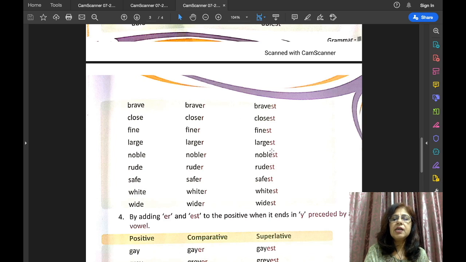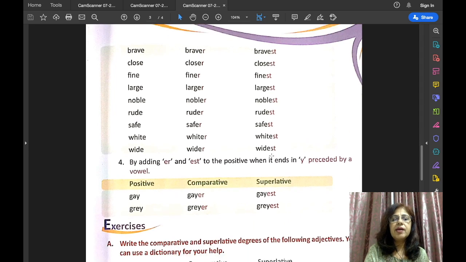Large, larger, largest. Noble, nobler, noblest. Rude, ruder, rudest. Safe, safer, safest. White, whiter, whitest. Wide, wider, widest. So, we have simply added R in the comparative degree and ST in the superlative degree.